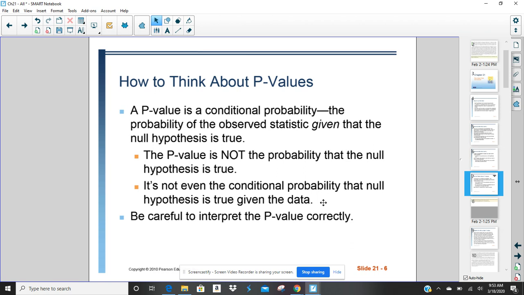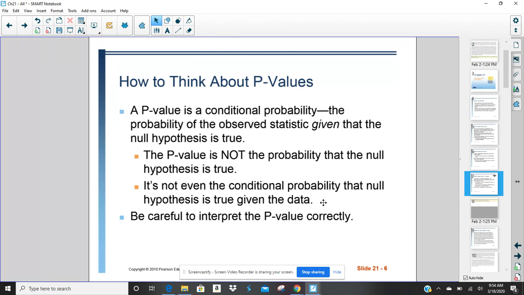Okay. So this is going to be part of the new things today, so let's keep this in mind. The p-values. So far, we've been finding a p-value. We've been talking about whether it's big or small. But what is that p-value really telling us? The p-value is a conditional probability. It's the probability of the observed statistic given that the null hypothesis is true.